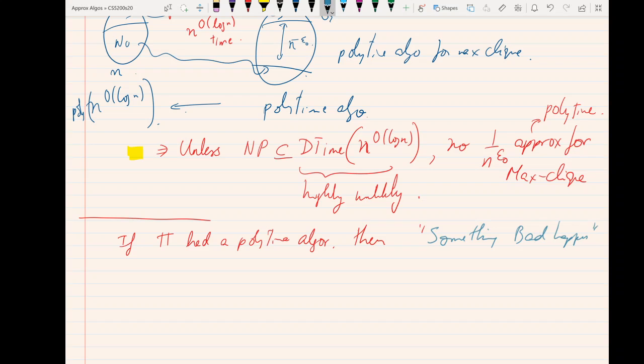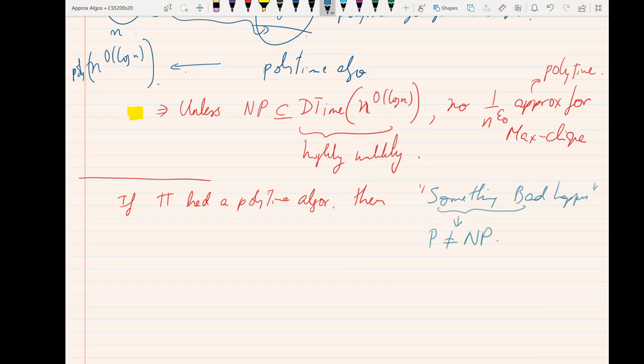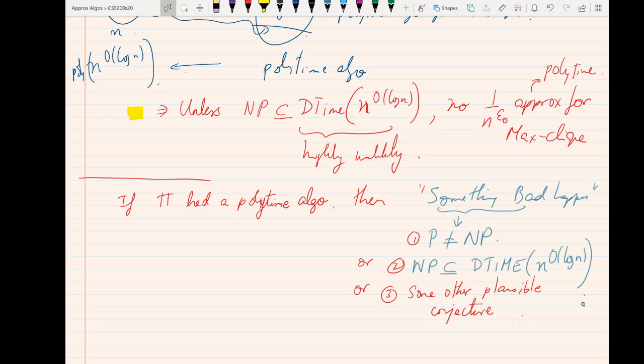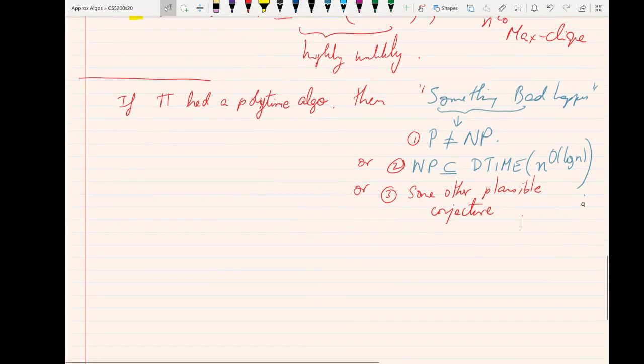By something bad, it was usually P equal to NP, and in this case here, you have n raised to log n time algorithms for NP. So that's what I wanted to say about gap amplification and clique.